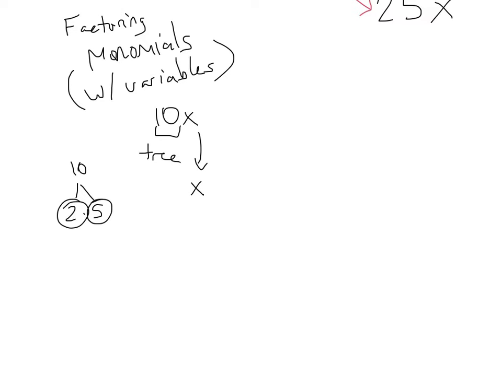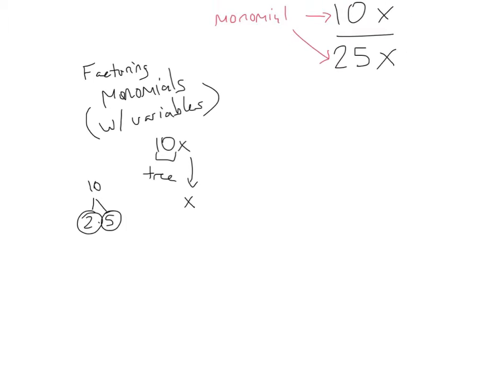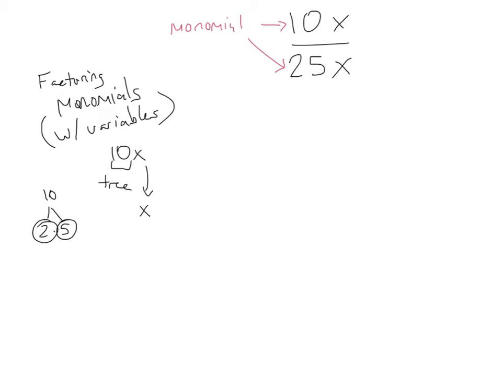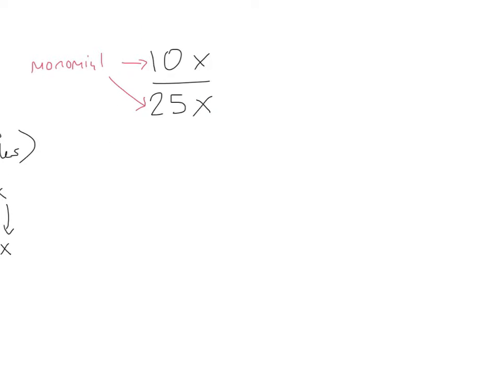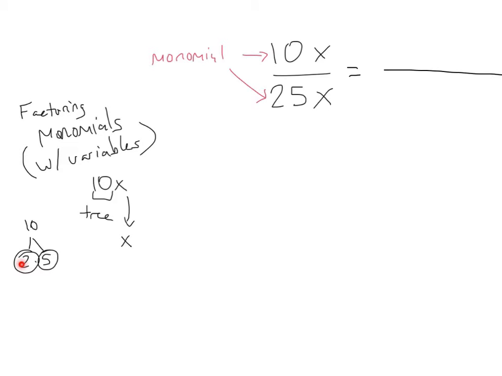So my numerator, which once was 10x, now becomes 2 times 5 times x. We all agree 2 times 5 is 10, times x would be x, right? So 10x and 2 times 5 times x are all the same thing.